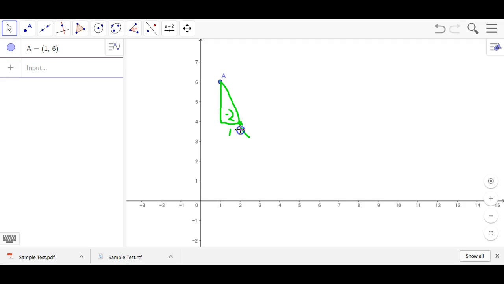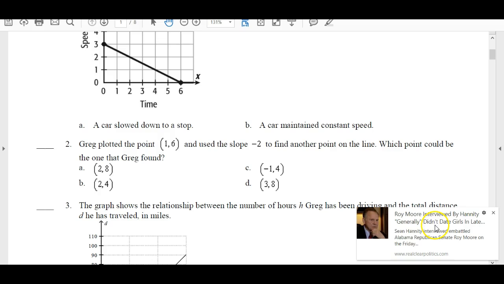That line would continue to go down 2 more and over 1 more, and that would be another point on this same line. I know it's not drawing very nicely for me, but it should be right about there. So there's another point where I went down 2 over 1.